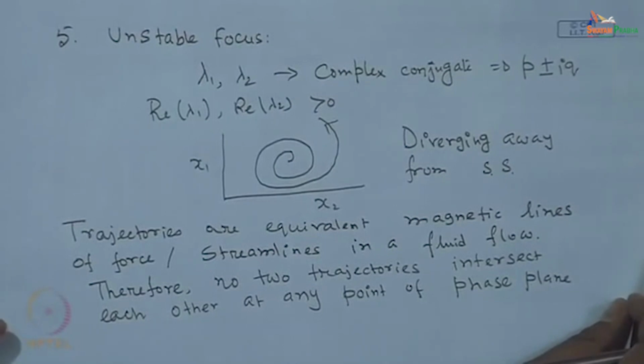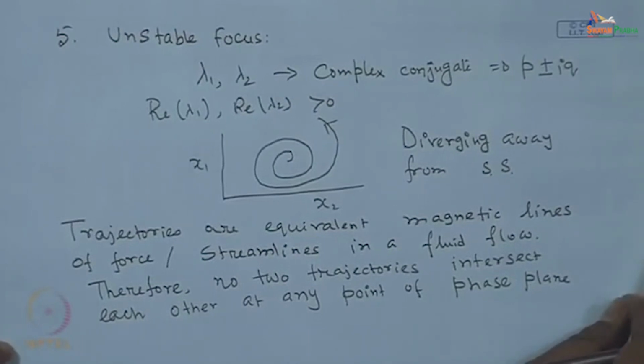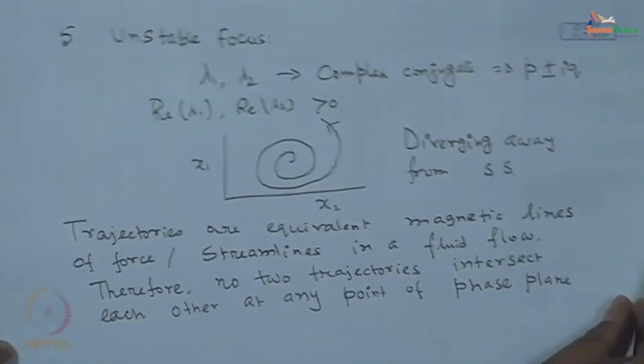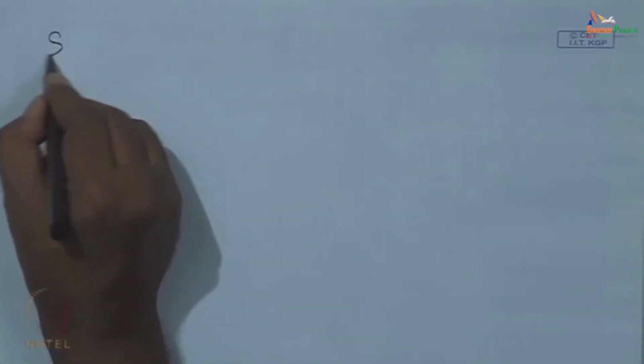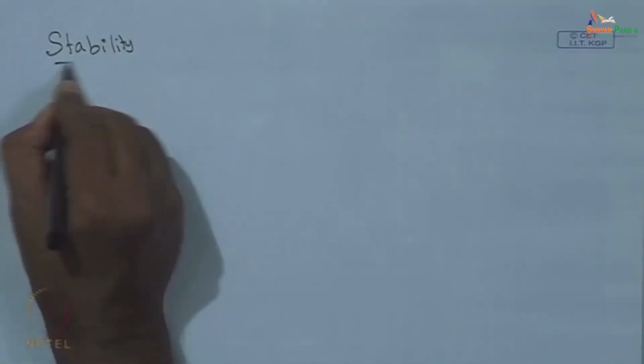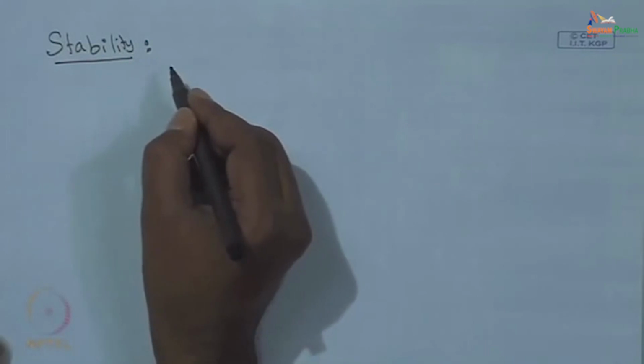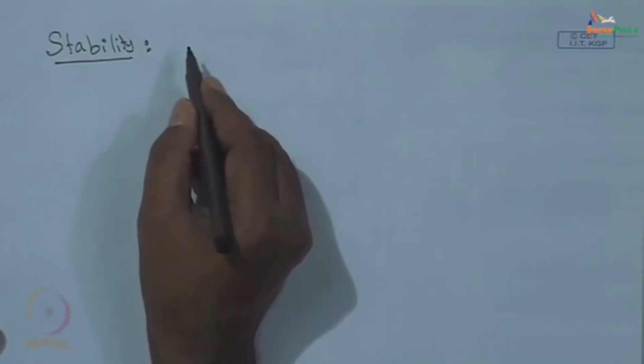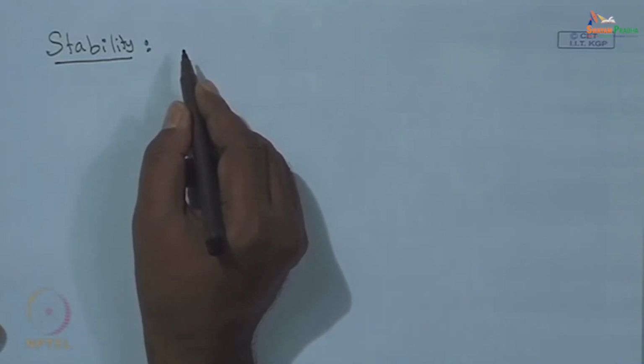Next we look into the bifurcation theory and the actual theory for the stability analysis in any chemical engineering system. So, next we define what stability is. With this background, we are able to take up the stability analysis using the bifurcation theory, which is also known as the linear stability analysis.